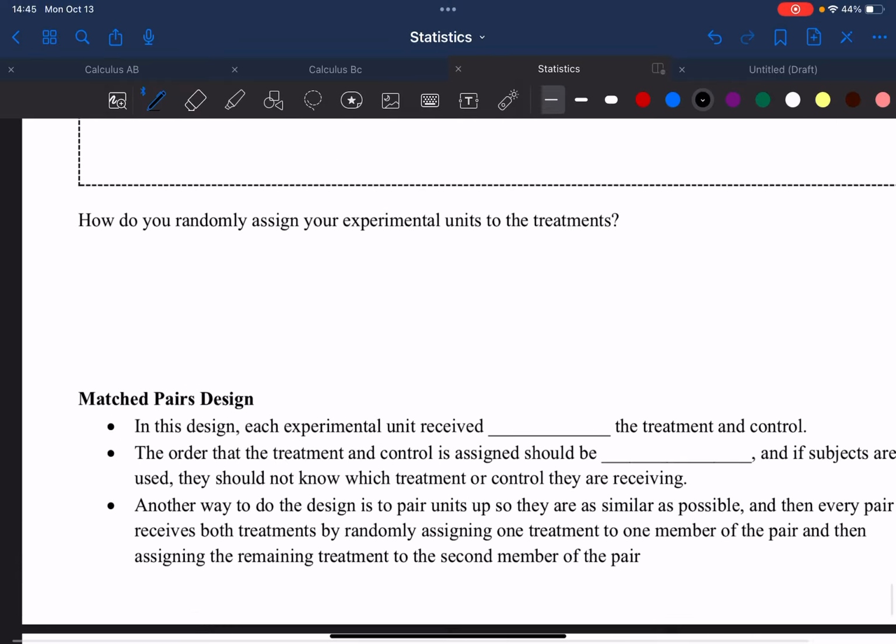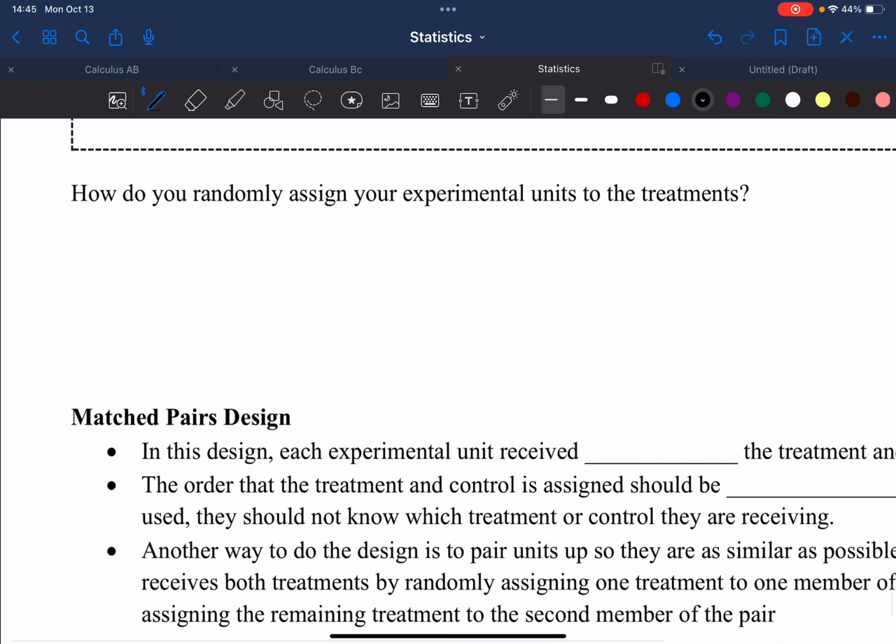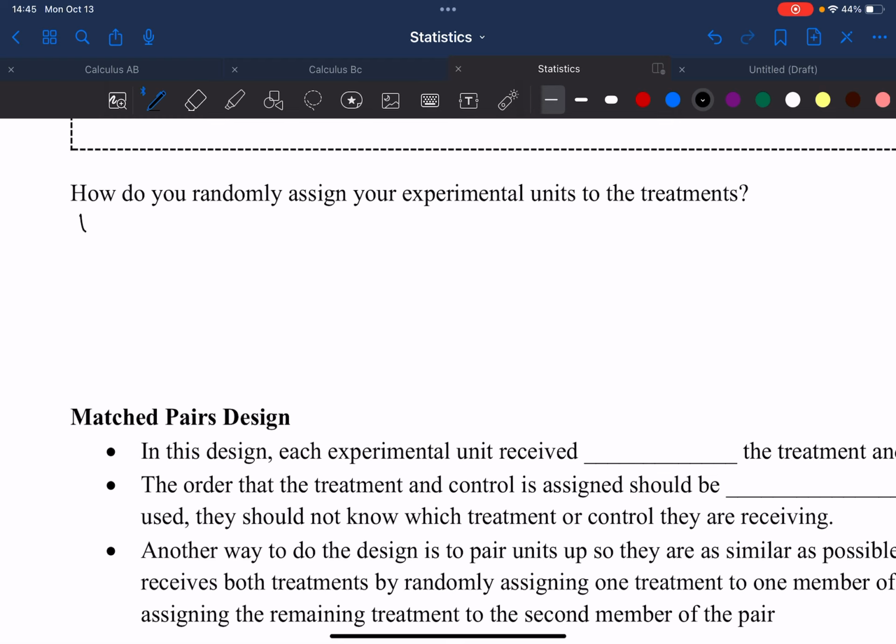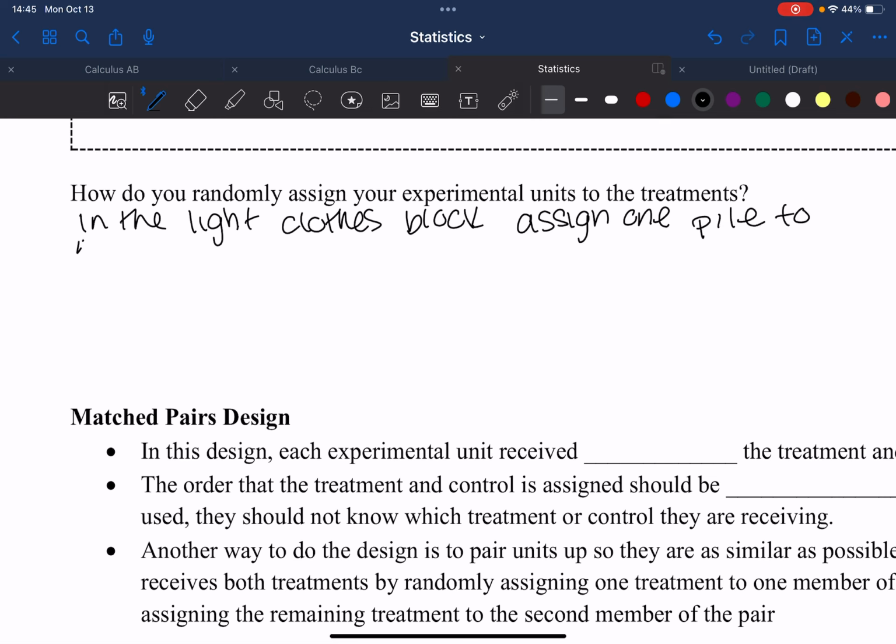So it says, how do you randomly assign your experimental units to the treatment? So I could say, in the light clothes block, we assign one pile to heads and one pile to tails.